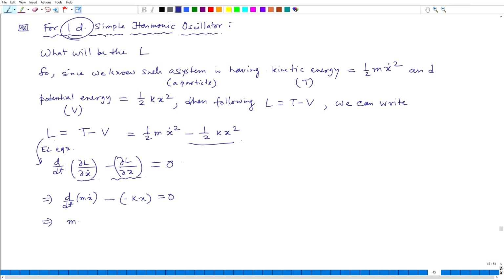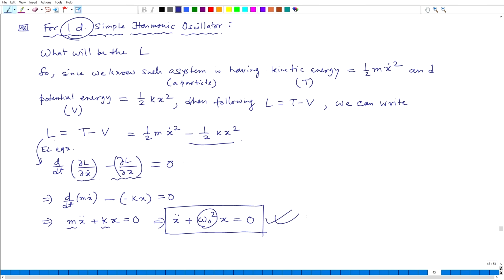So, you will have m x double dot plus k x is equal to 0, and k by m you can define as omega 0 square if you want, which is a constant. If my k is positive and m is positive, then it is also positive, and for that case I can write this equation, which I know is the equation of a simple harmonic oscillator.